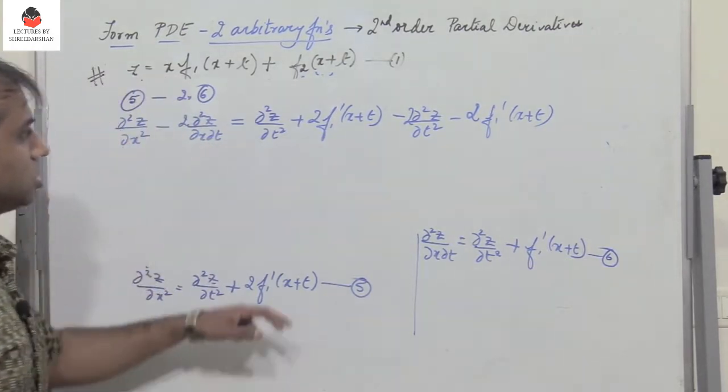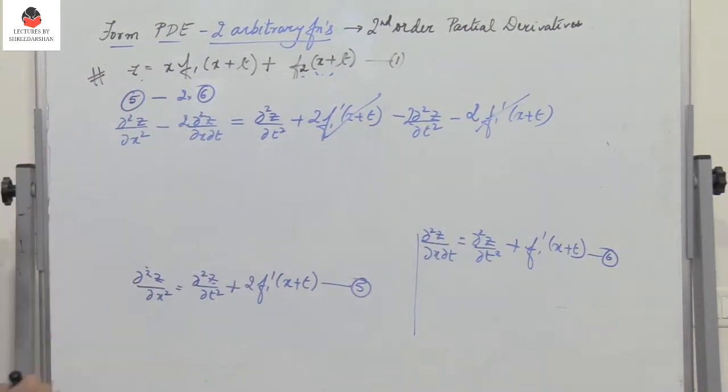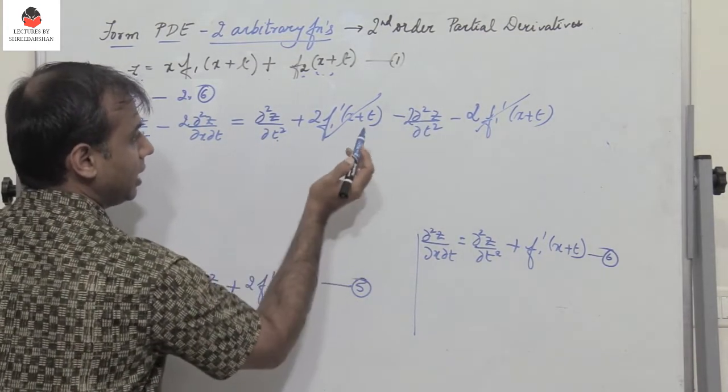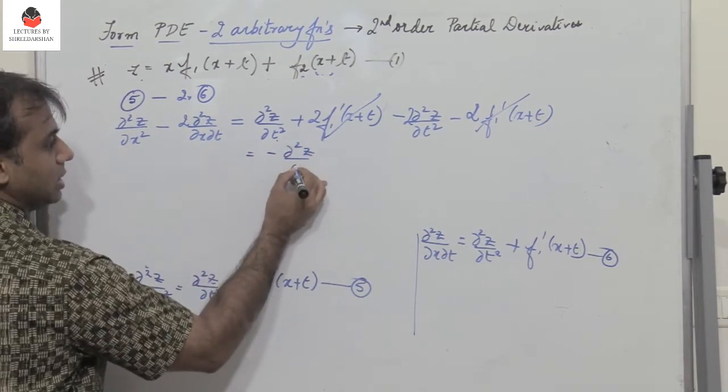So the whole idea was to eliminate this, so these two terms get cancelled. Del square z by del t square minus 2 del square z by del t square is minus del square z by del t square.